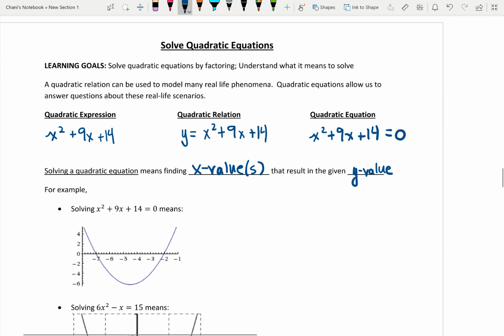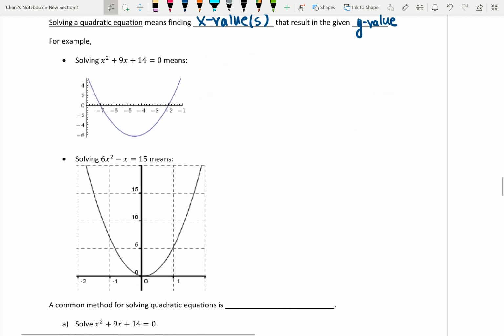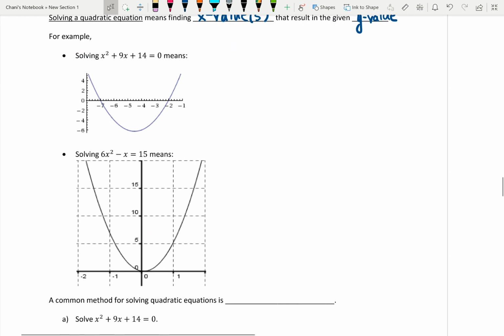So solving this equation means finding x values that make the left side equal to 0 in this case, because we want to set it equal to 0.